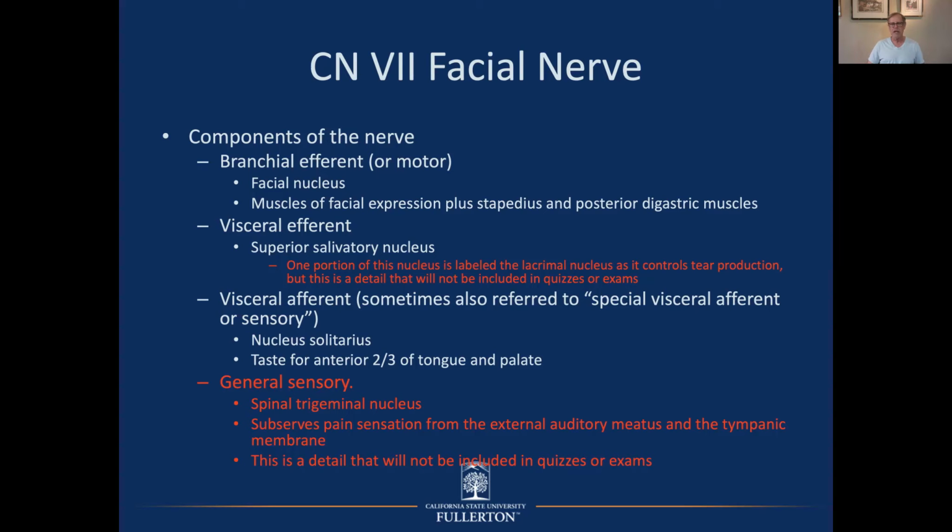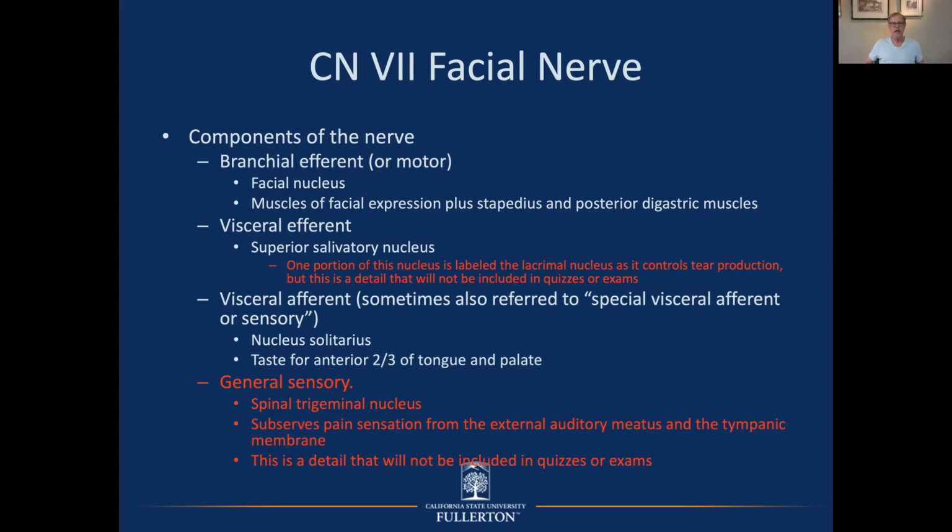It produces tearing, but I'm not going to include any of that. The visceral efferent functions, as far as this part is concerned, are too far afield from what we're interested in. There is also a visceral afferent component, and this is pretty important for us.